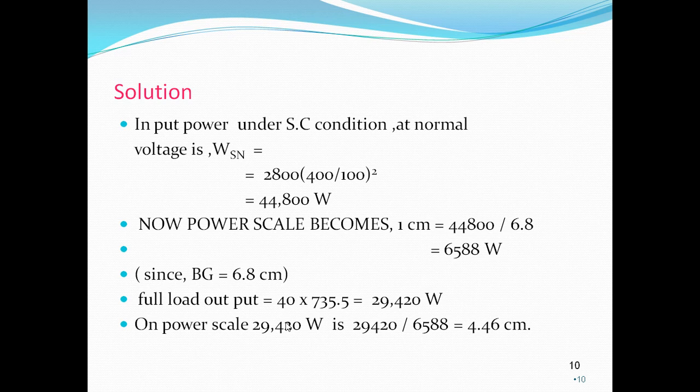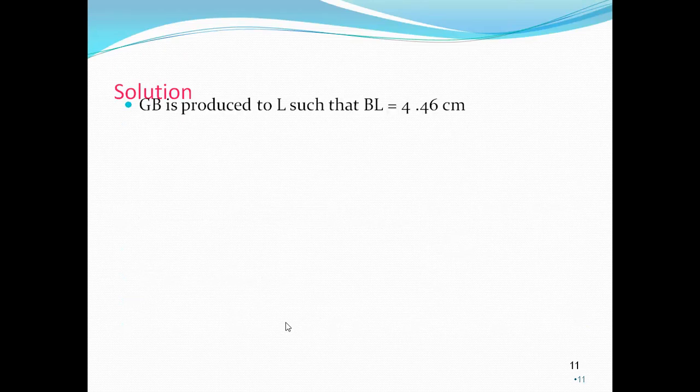So we have to extend that vertically from point B. We have to increase the length, that is 4.46. So that is BL. So BE is extended upward, that is BL is equal to 4.46 centimeters.